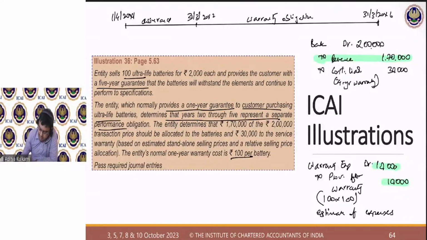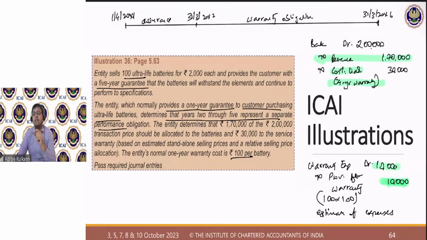The contingent liability here of 30,000 represents money received in advance for the 4-year warranty. Whereas this provision for warranty in the second entry, it represents my expenses provision. Both of them are very different.